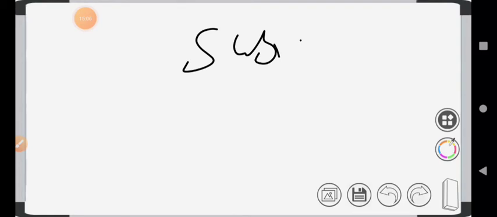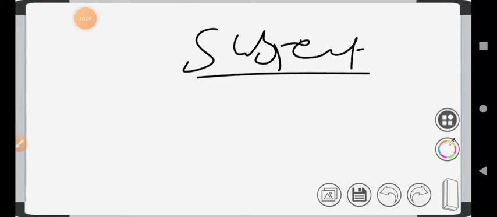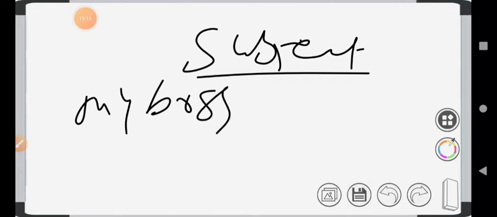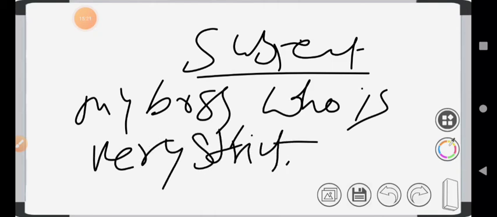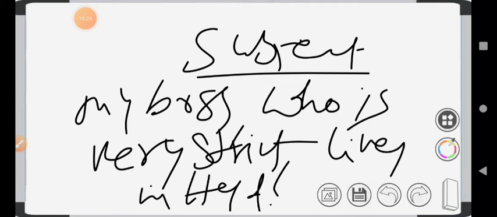Subject of the sentence. For example, my boss, who is very strict, lives in Hyderabad. My boss lives in Hyderabad.